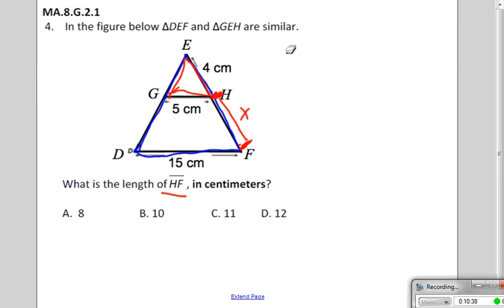If I say the small triangle over the large triangle, I have the right side here and the base here. These are two fractions that should be equal to each other. Well, the right side for the small triangle was EH. The right side for the large triangle was EF.